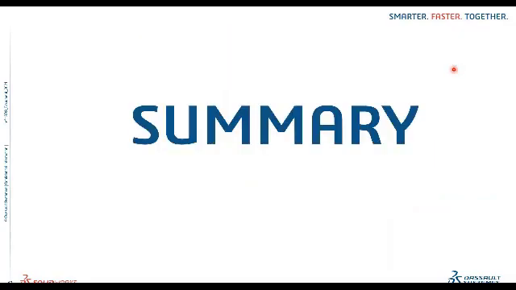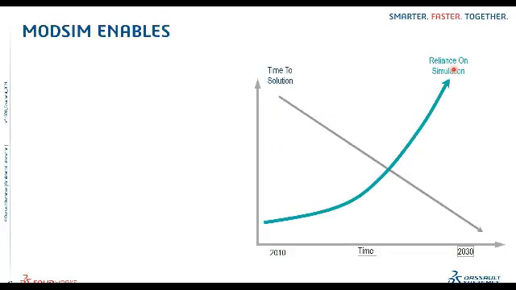So in order to summarize the applications of plastics, kinematics, structural FEA, and the computational fluid dynamics part of it, MODSIM enables the time to solution to be much lesser. At the same time, reliance on the simulation will be much higher. So here we can see the graph.